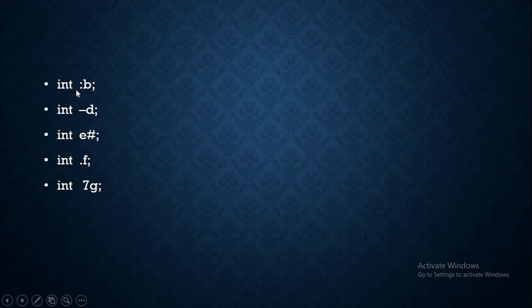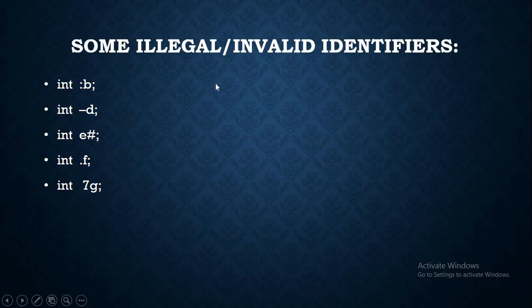Now some illegal and invalid identifiers. Int colon b, we can't use it. Int minus b is also not possible. Int has a special character, we can't use it. Only dollar and underscore, the two things, we can use.